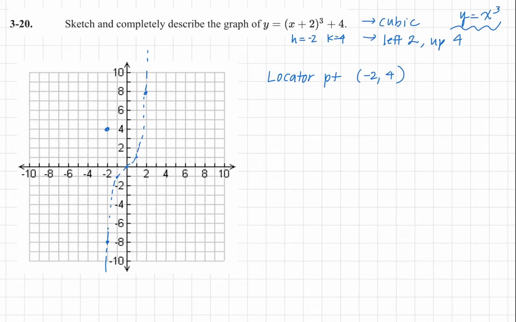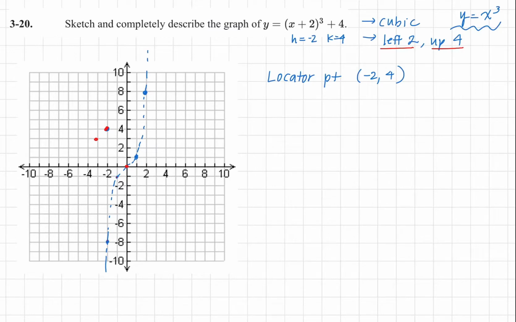But since it's been shifted left 2 and up 4, we're going to move all those points of the parent cubic function left 2 units and up 4. And if we move this point, we should be moving it to the locator point. So left 2, up 4. And this one here is going to be left 2, up 4.